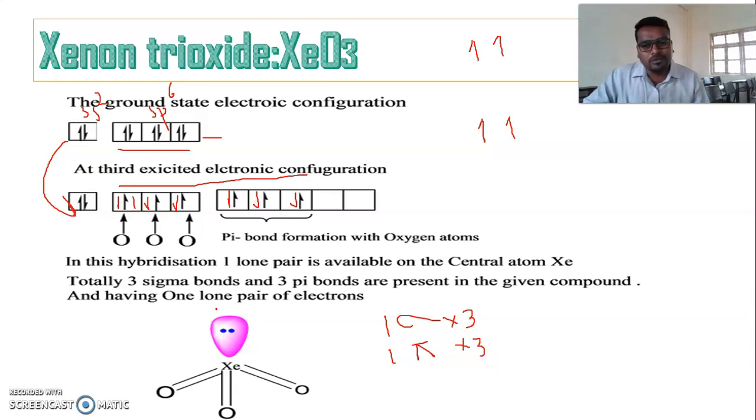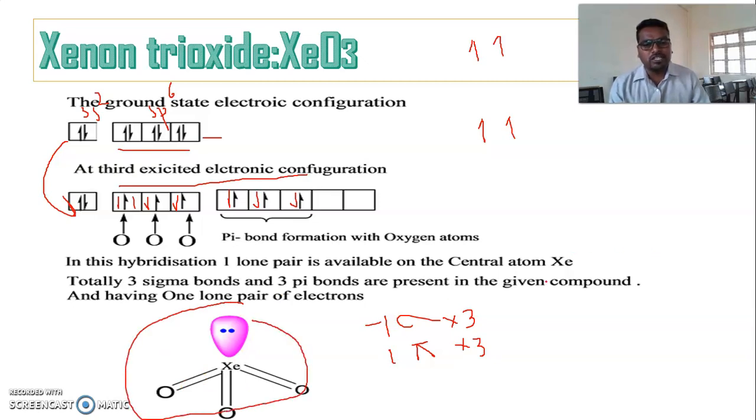These sigma bonds are formed by overlapping of unpaired electrons of oxygen, and this is axial overlapping. The sigma and pi bond depends on the mode of overlapping. If it undergoes axial overlapping, it forms a sigma bond. If it undergoes sideways overlapping, it forms a pi bond. So totally there are 3 sigma bonds and 3 pi bonds in this molecule.